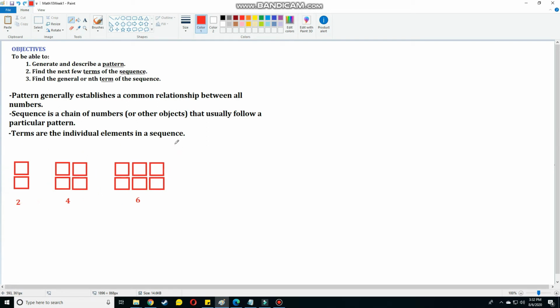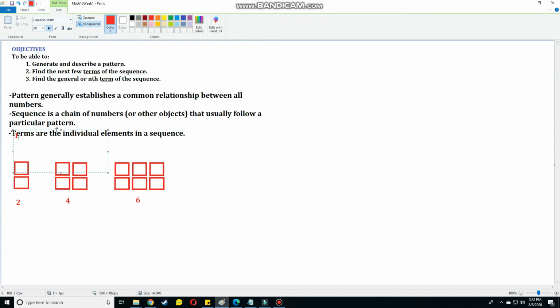Basically, the first object is called our first term. Let's change the color. This is our first term, and of course you could also have its symbol.